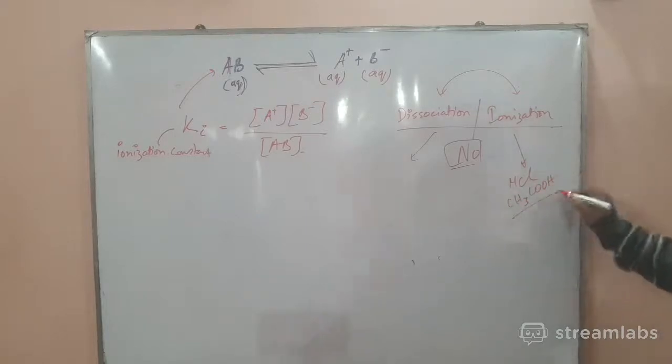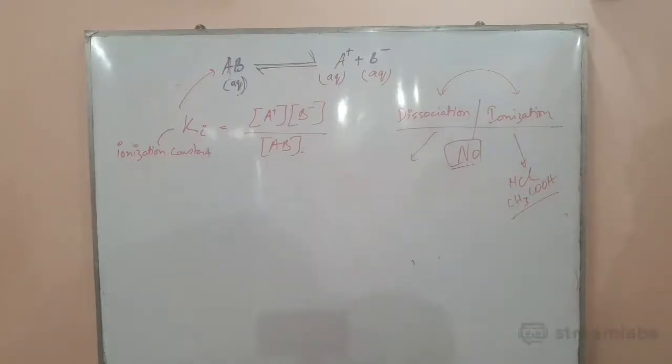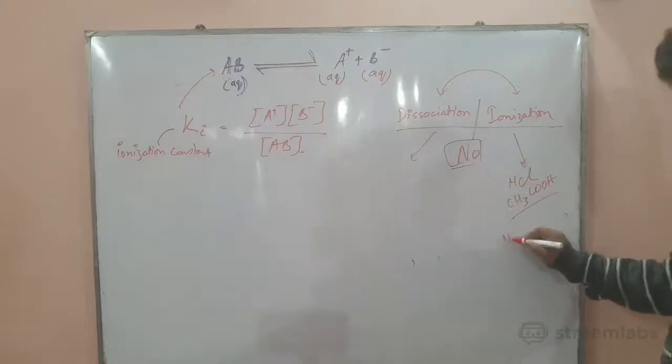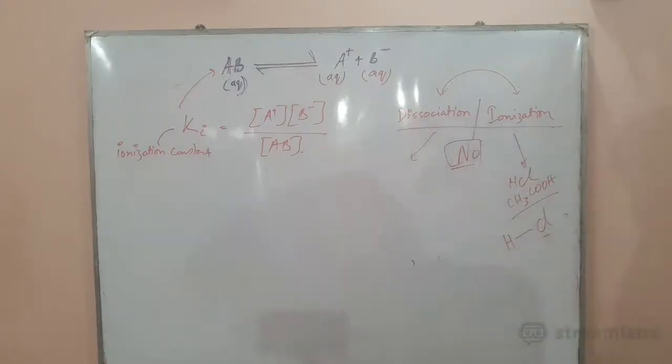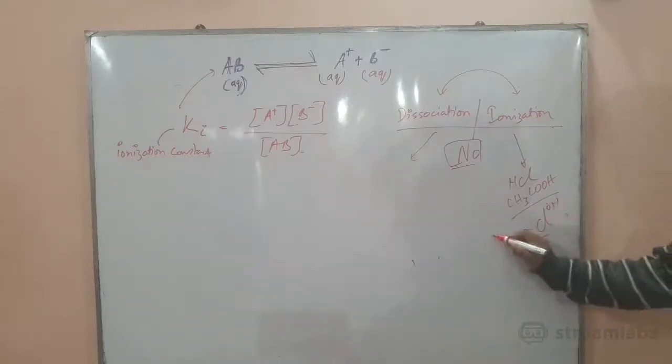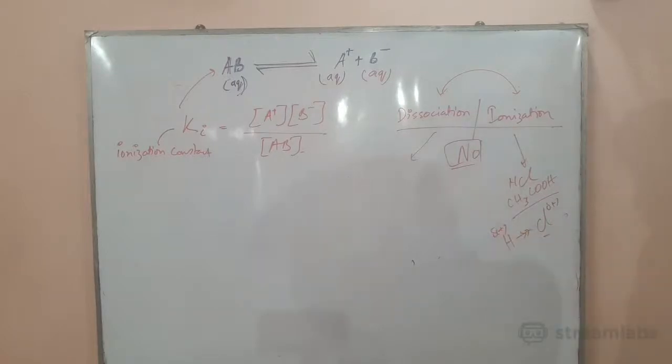CH3COOH, which do not have any electrovalent bond in them. In HCl, Cl is more electronegative and hence pulls the bonded pair of electrons towards itself, so Cl becomes delta negative and H becomes delta positive.